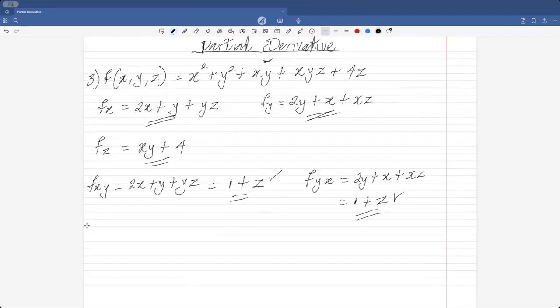Let's try fzy. Fz is nothing but xy plus 4. Finding the derivative of that result with respect to y will give us x.